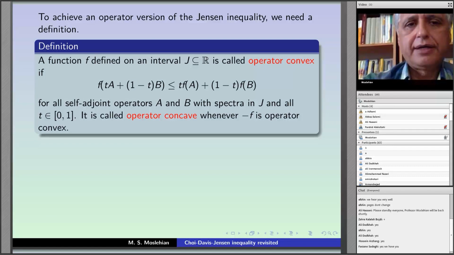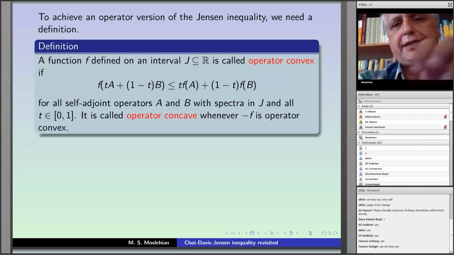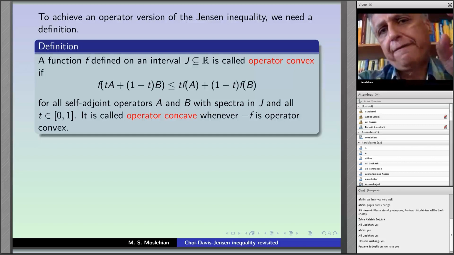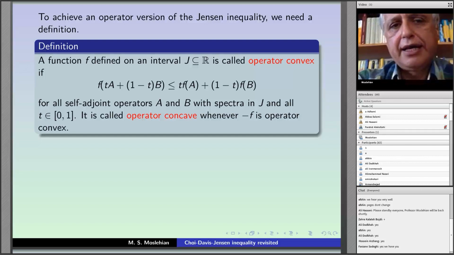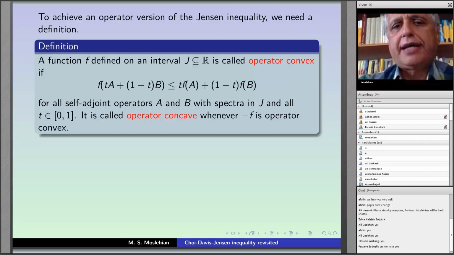To achieve an operator version of the Jensen inequality, we need a definition. This definition is a generalization of the notion of convexity. A real valued function f defined on an interval J of R is called operator convex if we have this inequality for all self-adjoint operators A and B with spectra in J and all t in the interval [0, 1].